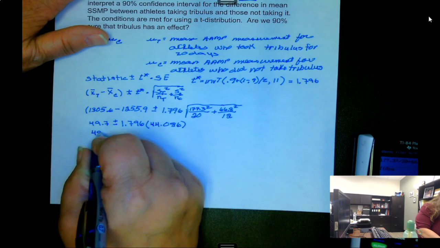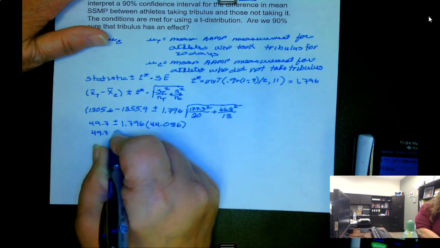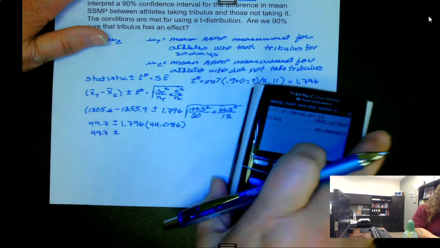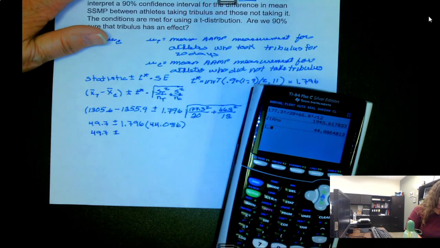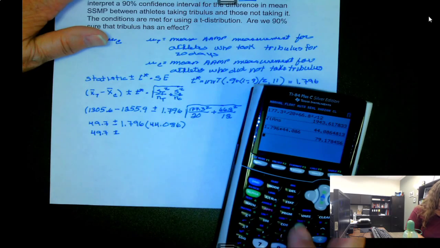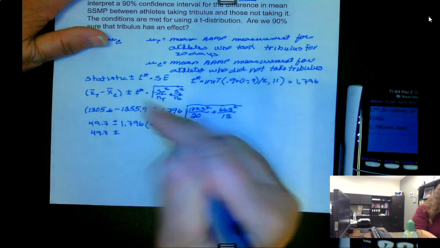So 49.7 plus or minus 1.796 times 44.086, which gives us 79.178.